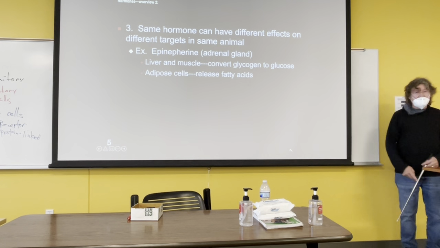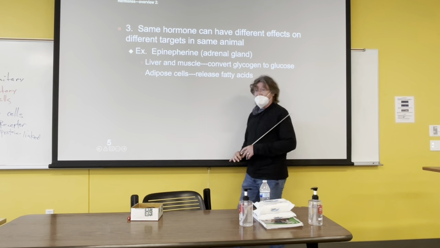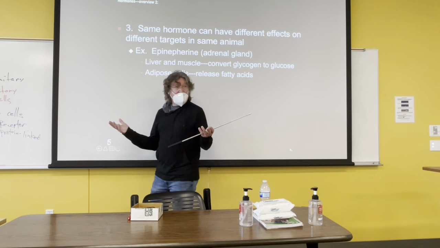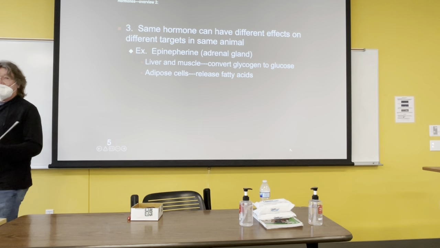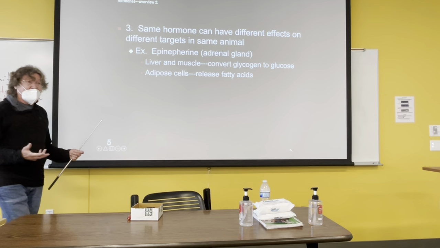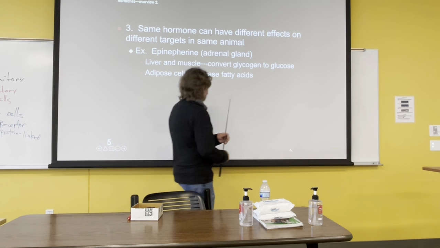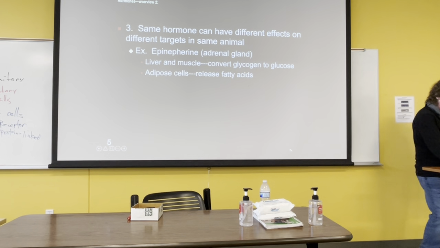Adipose cells, they will also have receptors, and they release fatty acids. Because fatty acids, why? Cellular respiration. Okay, once again, the whole thing here is to increase the supply of ATP for skeletal muscles to respond to this particular emergency. And it can be glucose, it can be fatty acids. Fatty acids will give more ATP.